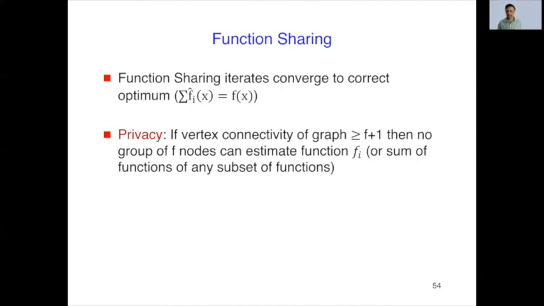If the connectivity is greater than the number of agents trying to compromise privacy, then you get a notion of privacy, meaning that these bad agents that are trying to learn my cost function will not be able to learn my cost function if you have enough connectivity in the network. Here, sigma f_i hat is equal to sigma f_i, which is what I'm calling f of x on this slide.